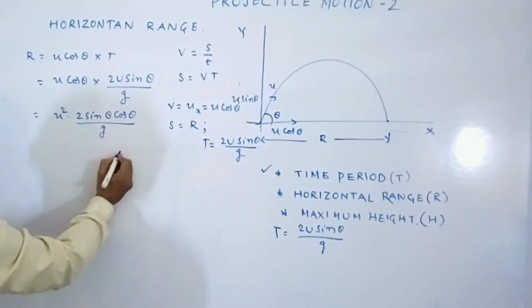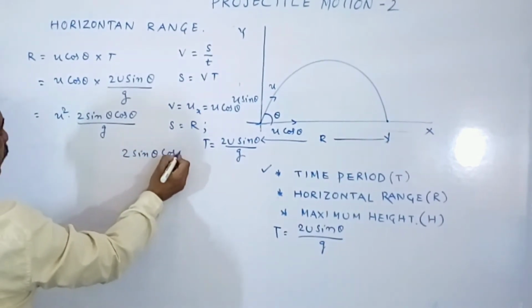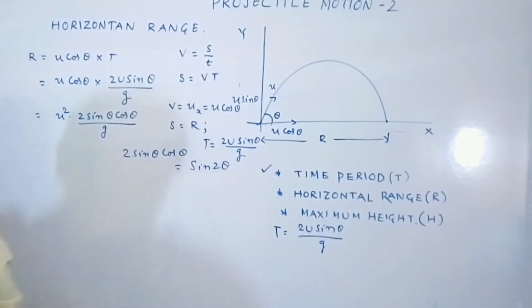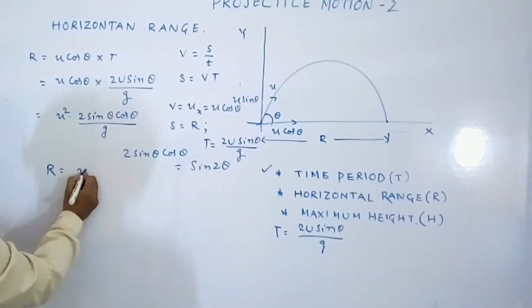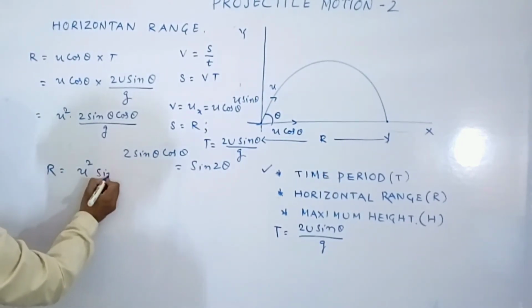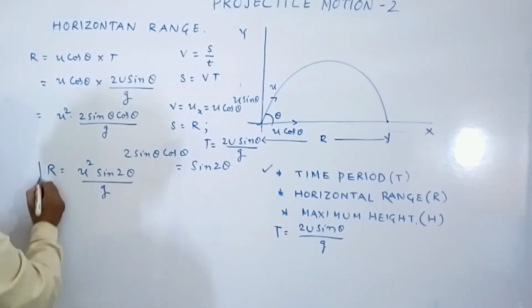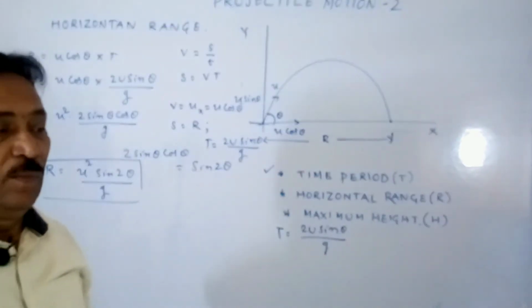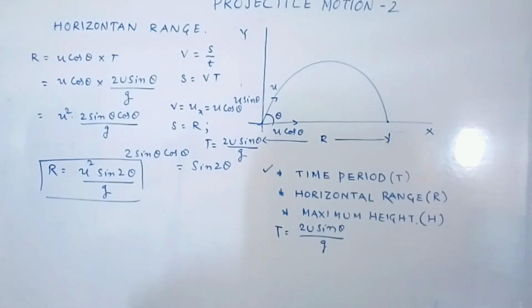But here 2 sine theta cos theta is equal to sine 2 theta. It is a mathematical relation. Then you can write range is equal to u square sine 2 theta by g. Okay students, the equation is R is equal to u square sine 2 theta by g.